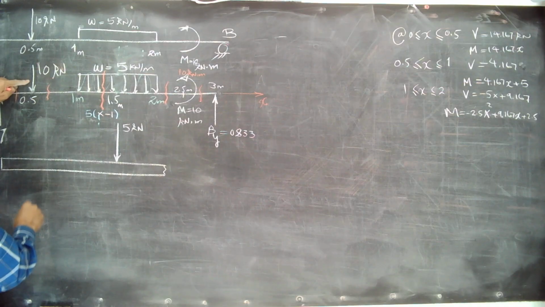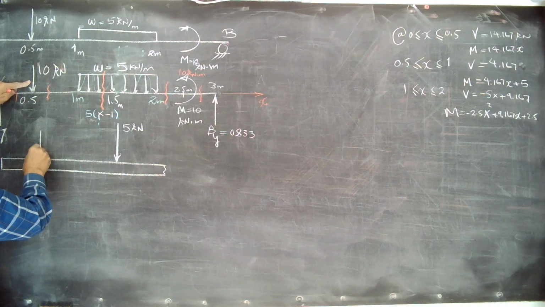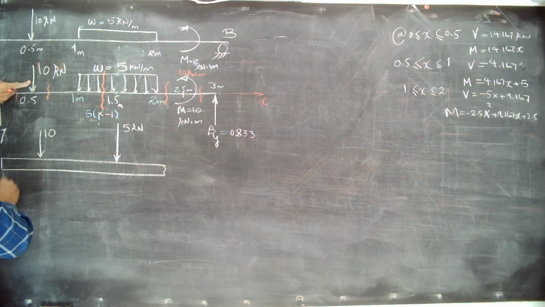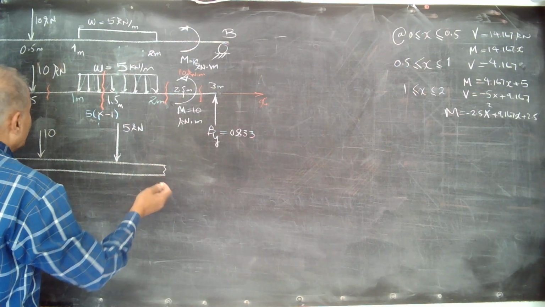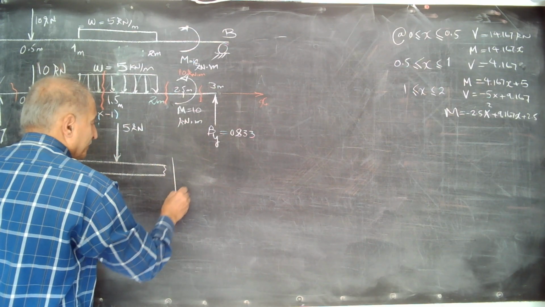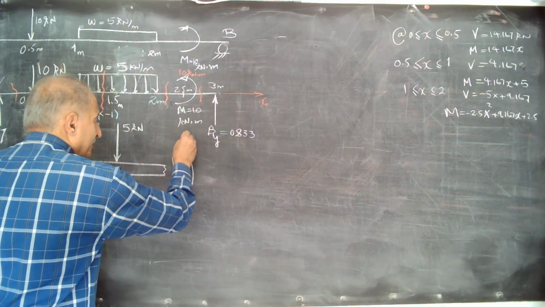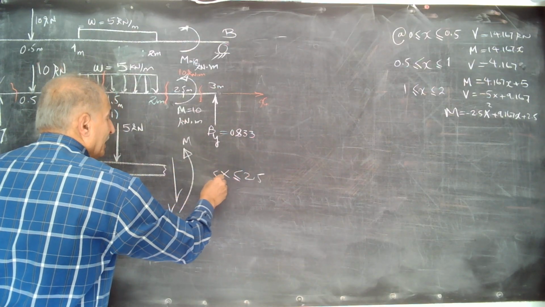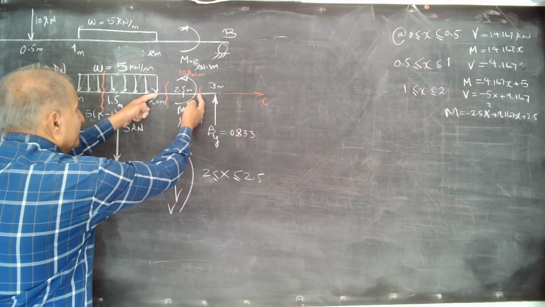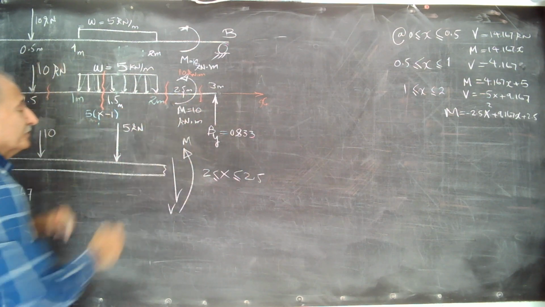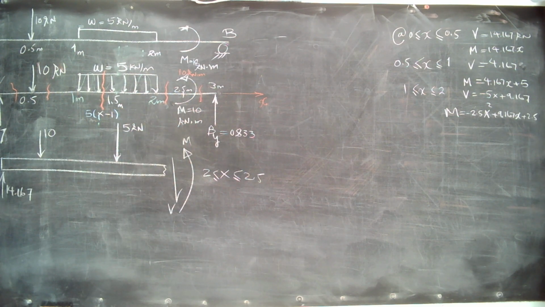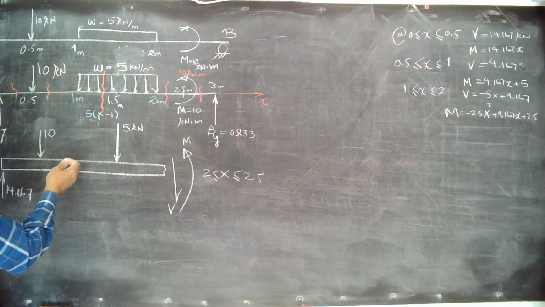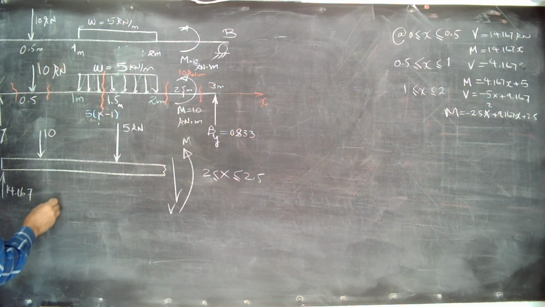Okay. Then this is 10. This is 14.167 and nothing else. You have a V here, an M, and x is between 2 and 2.5 in this portion. Okay, let's write, everything is similar.